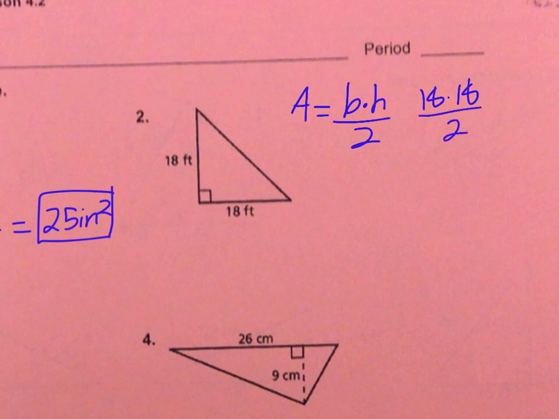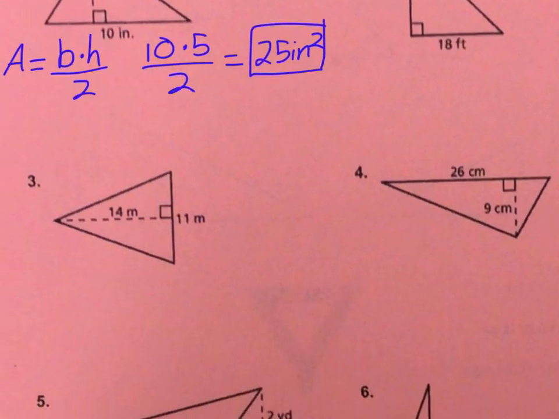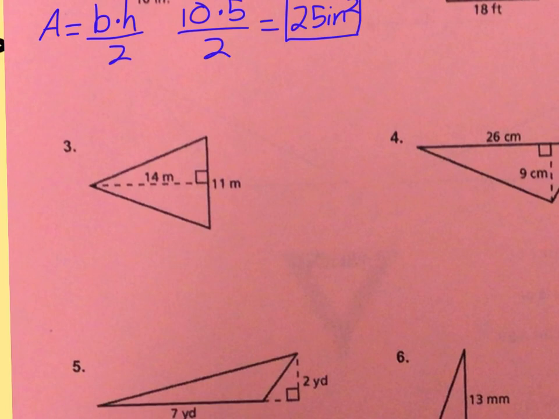Let's see what we get. 18 times 18 divided by 2. We get 162 feet squared. There we go. So yeah, we're just doing this same formula over and over again for practice, because it's important for you to practice this over and over again so it becomes kind of an automatic thing.